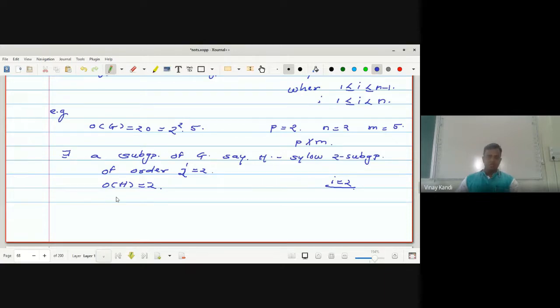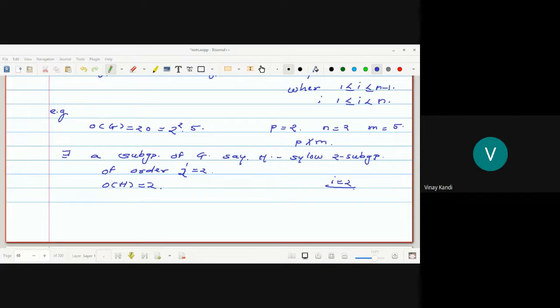Okay, so here the order of H is equal to 2.